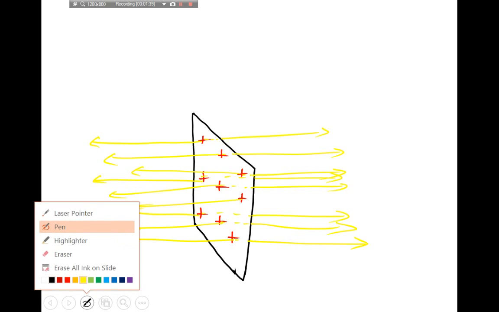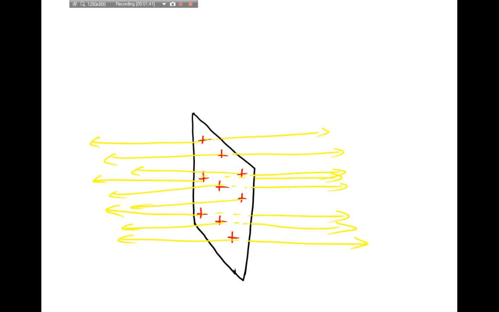And let's suppose that the charge that's distributed on this surface has a charge per unit area given by sigma. So sigma is the charge per unit area on the surface of this metal surface here.